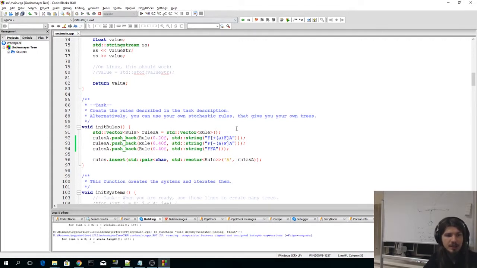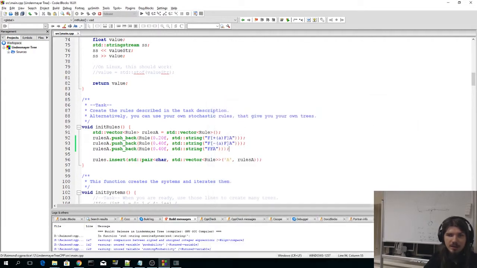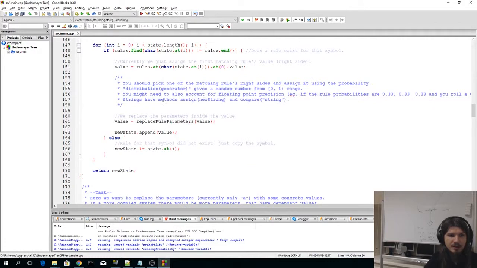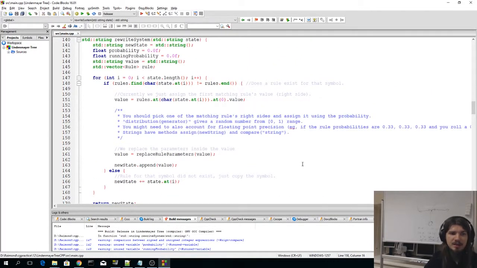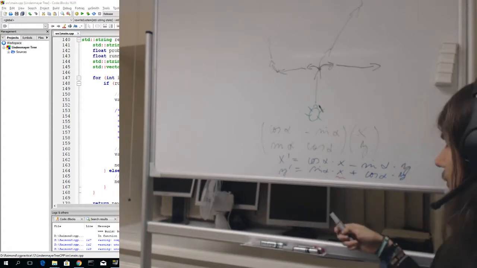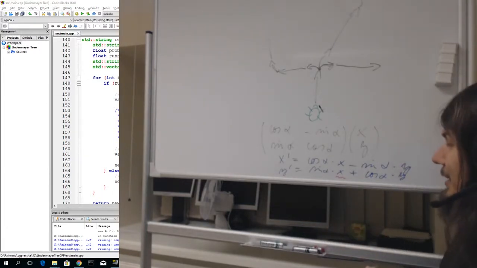But if I currently run this, I still get only this result because our rewrite system function just takes the first value. And the question here is how to pick a value from the possible rules according to the probability. This is an interesting problem in the sense that if you haven't had this problem before, then the solution might be quite interesting.